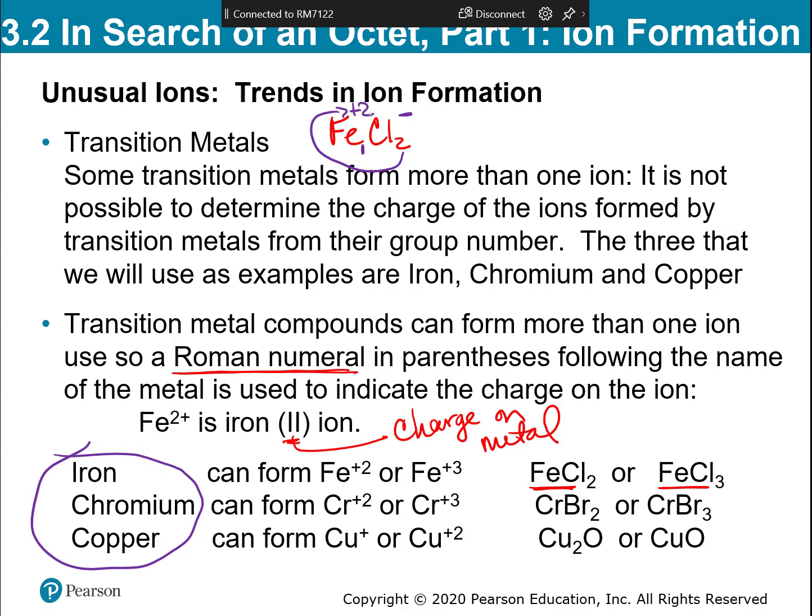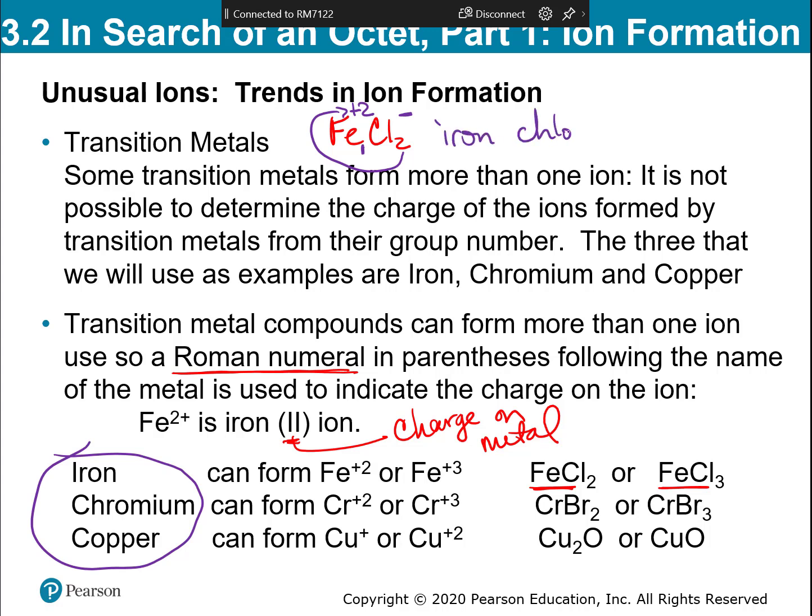Okay, so we did this when given the name, you figure out the formula by assigning charges. Well, in this one, I'm giving you the formula, and since it's one of these 3, if I just do the reverse swap, I can figure out what the charge on the iron is. So then I know what this one's name is. If it's FeCl2, it's still going to have, what's the name?